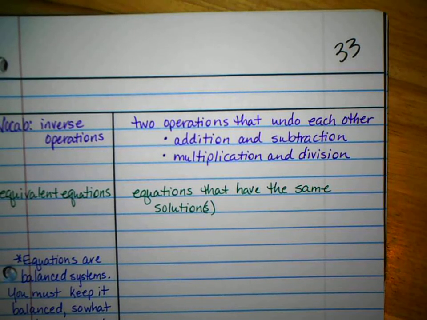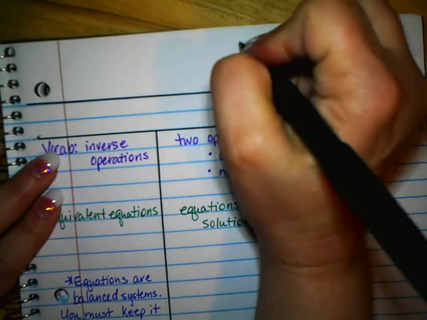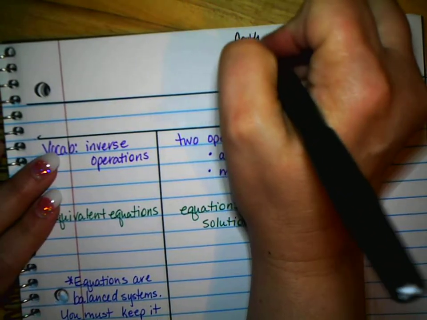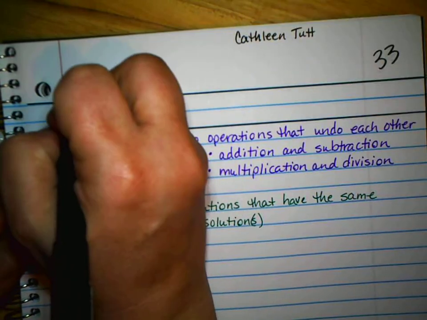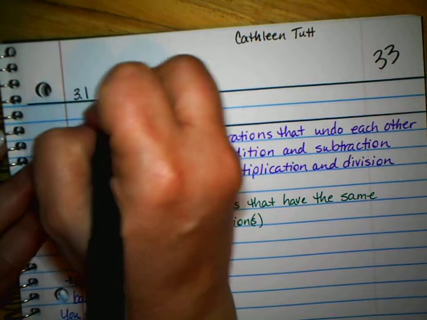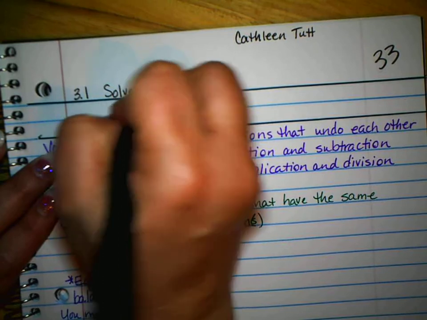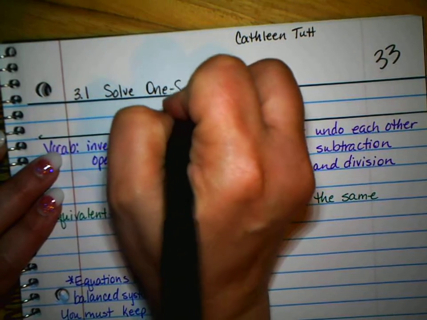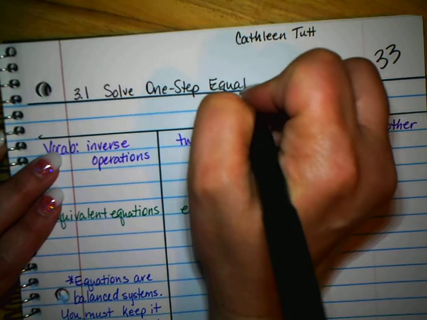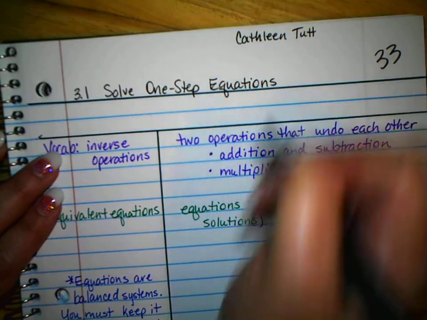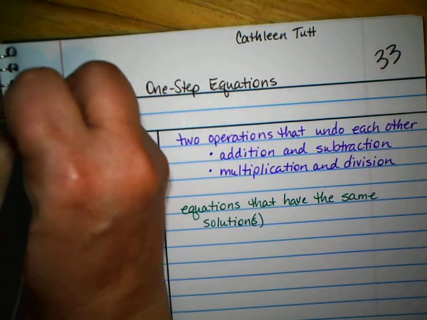Let's start by putting our name and date on our notes. We are doing 3.1 today. We are going to solve one-step equations.